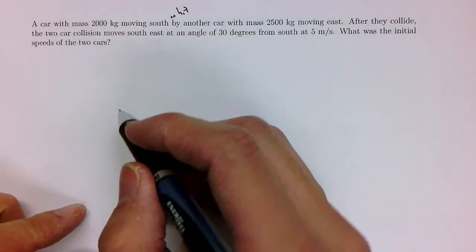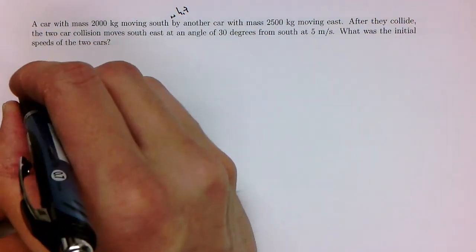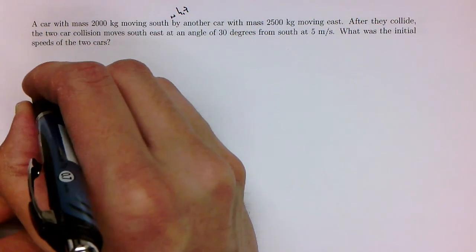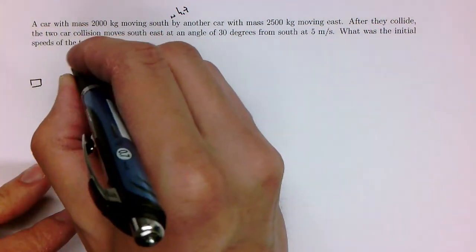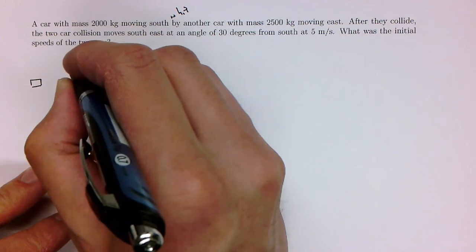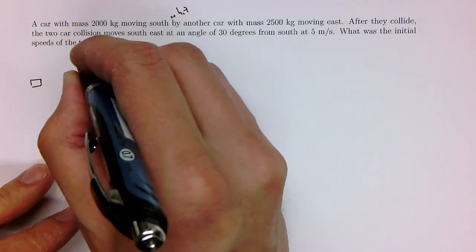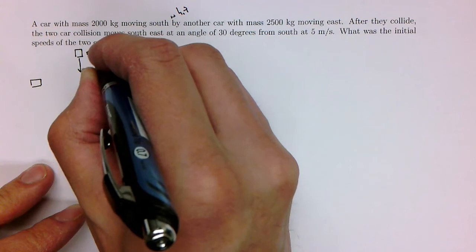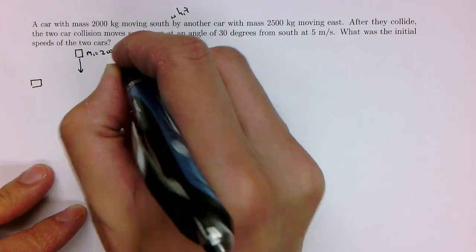So let's start by drawing a picture of the situation. You have a car 1 and a car 2. Car 1 is moving south, and M1 is 2,000 kilograms.